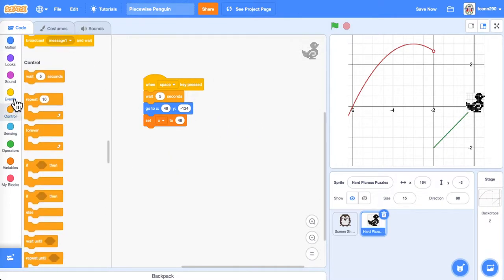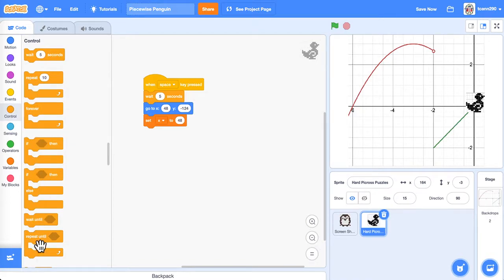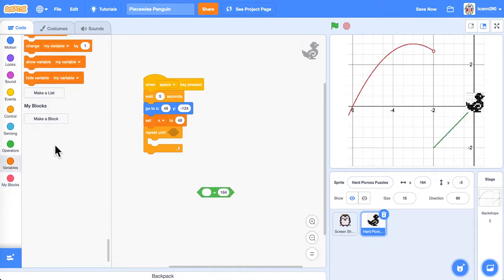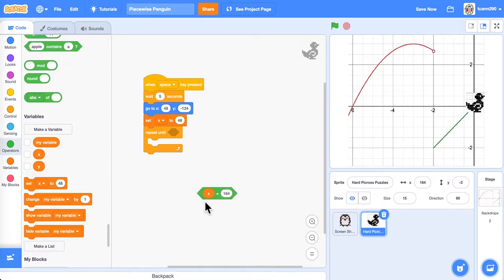So then I'm going to repeat until the x value gets to 164. So let me grab an x. And the thing that I'm going to repeat is the operation where I set y to be equal to, the idea is to use the model, the linear model, because it's the most convenient one.